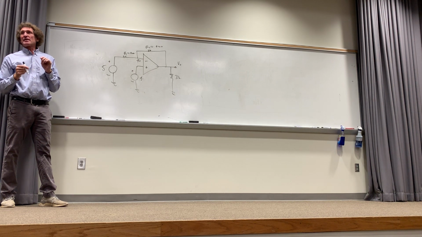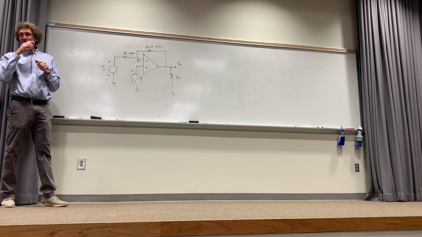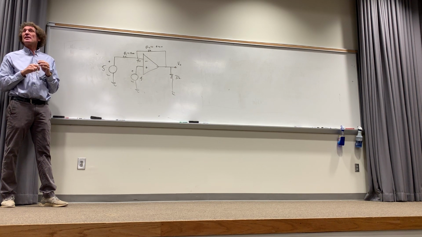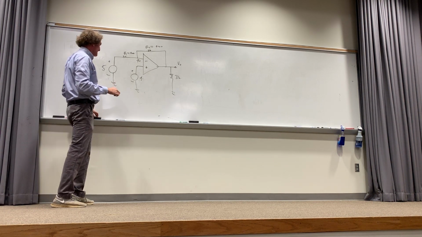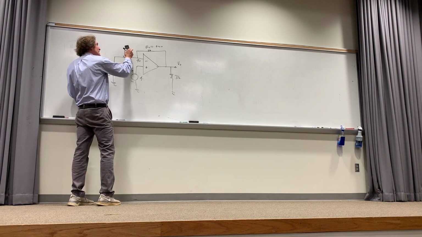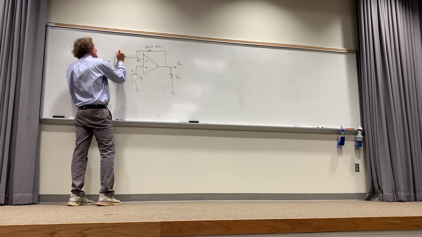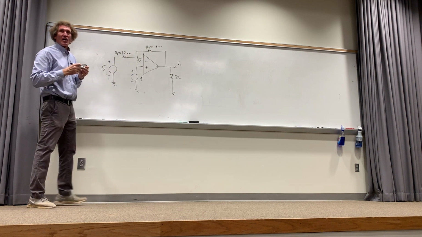Y'all with me back there? I don't know, whenever I see people looking on laptops, it concerns me. Yes? R1 is 1200. I wish you people would sit down close. R1 is 1200, but I'm not going to force you to. All right?